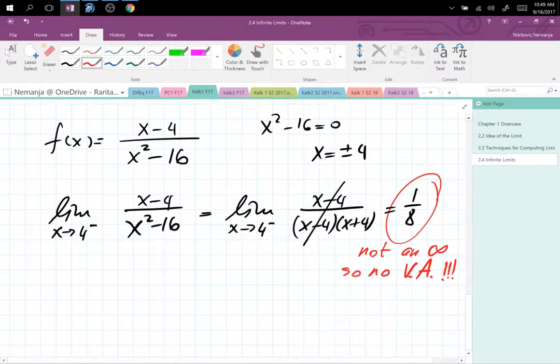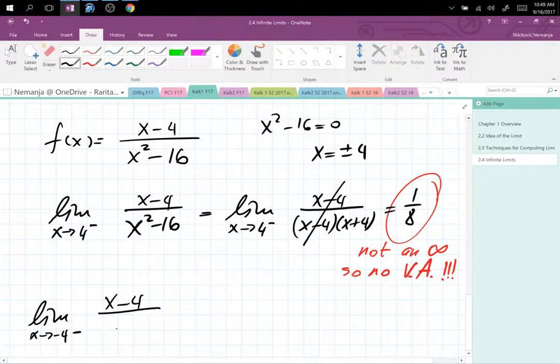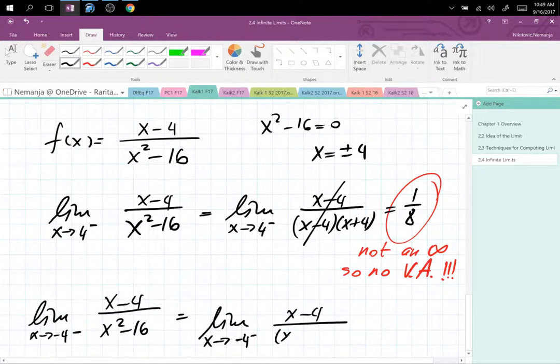Now let's see what happens if we try to use negative 4. So how about the limit as x approaches negative 4 from the left of x minus 4 over x squared minus 16? The method of calculation is the same. You still have to factor the same way you did before, except now, once you cancel, you are still getting 0 in the denominator.